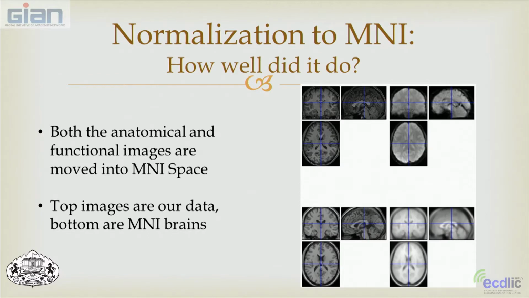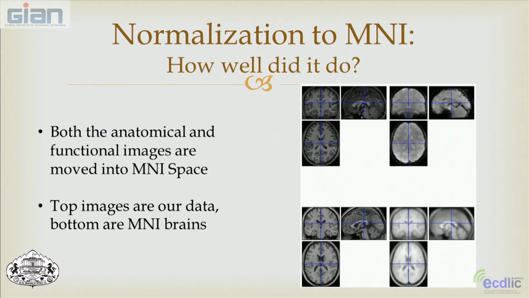Okay, so this is after we've taken our images and normalized them to the MNI space, and we do another quality control check here. We look and see how well our images match up to the MNI space. The top left and right images are the anatomical and the functional respectively, and on the bottom are our MNI brains.